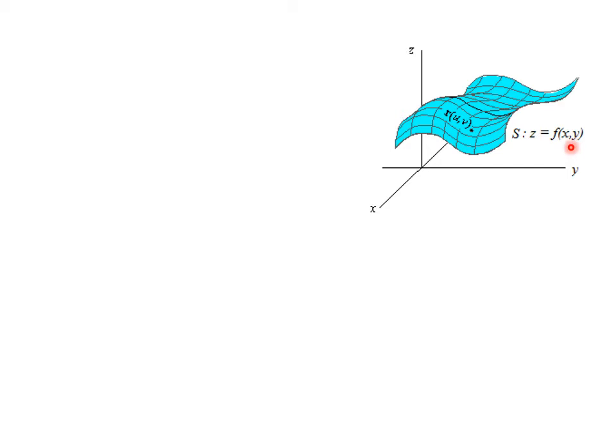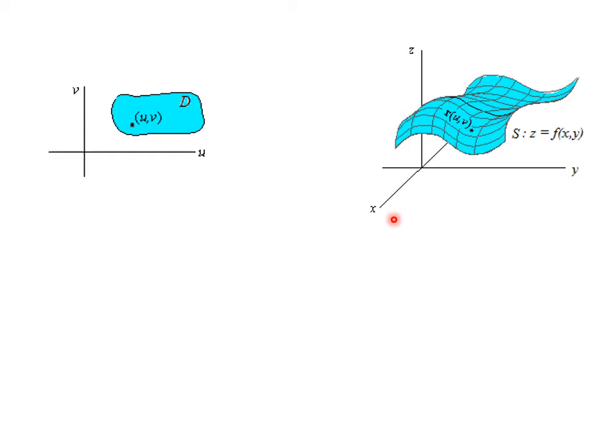Here x and y I am treating as independent variables and z I am writing as a function of x and y. So I am in need of two parameters to represent the surface z equal to f of x comma y. So I am taking x as u and y as v.